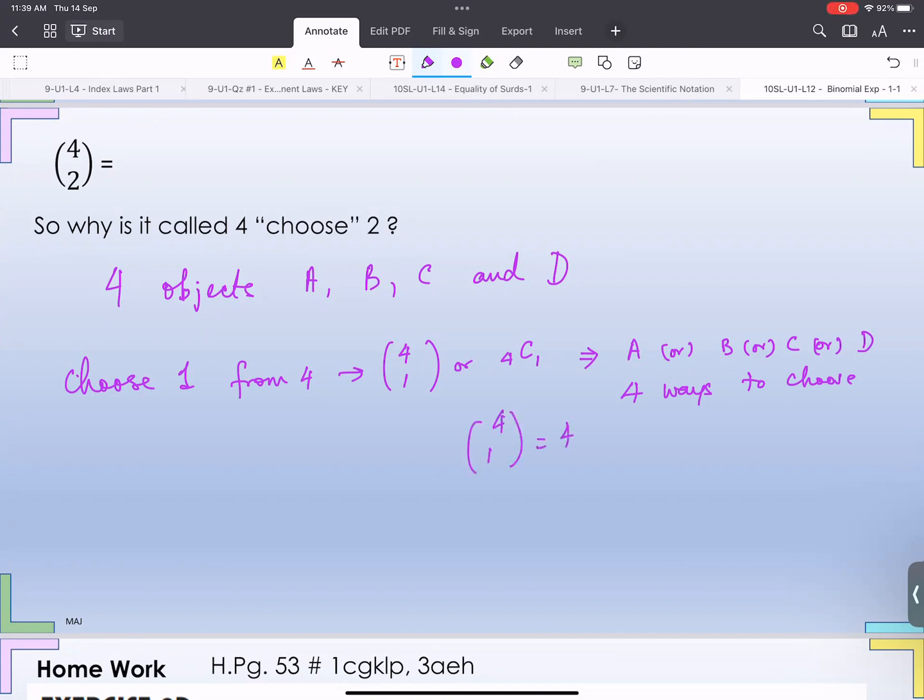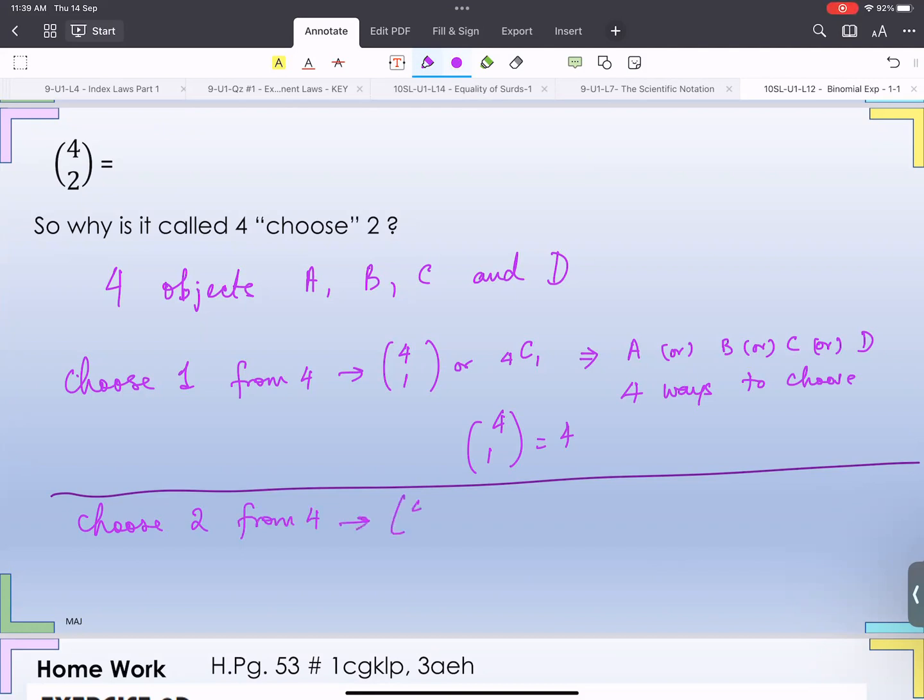Okay, let's try something different. Similar, but a little different. If I have to choose 2 objects from 4, that is 4 choose 2. How can I choose 2 from the 4 objects A, B, C, D?